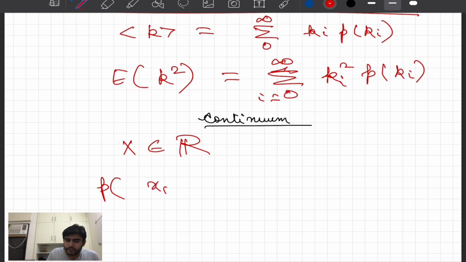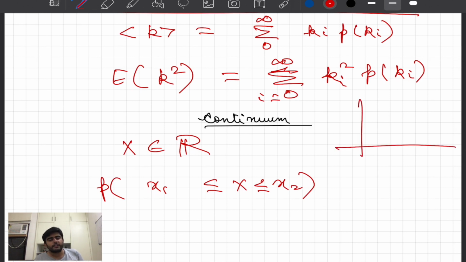Now we are interested in determining the probability of x taking a value between x1 and x2. When we are talking about discrete variables, it's always easy to summate them. However, when we are talking about continuous functions which look like this, integration would be a better way to do this summation in a continuum.